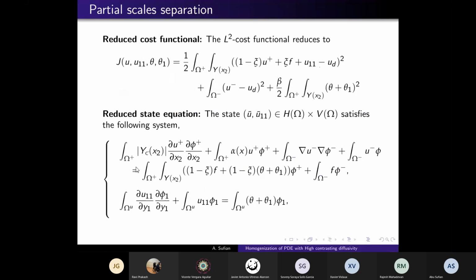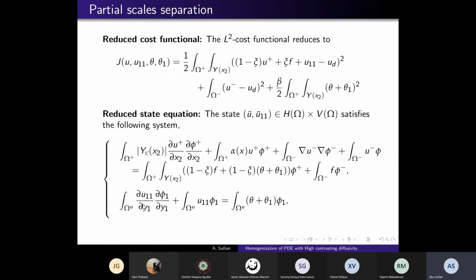The first variational form has the same structure on the left, but on the right-hand side we have 1 minus xi f plus 1 minus xi (theta plus theta 1) into phi plus integral over omega minus f phi minus, which is coupled with a micro state: integral over omega u of del u11 del y1 del phi del y1 plus integral over omega u11 phi is equal to integral over omega u (theta plus theta 1) phi. So you have a coupled system for the state equation.